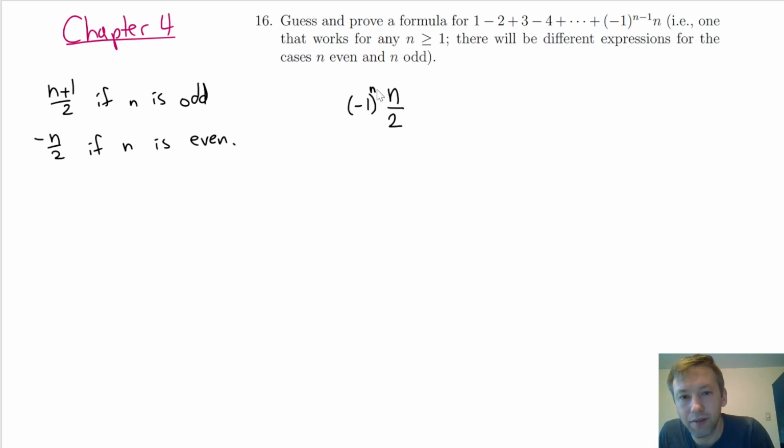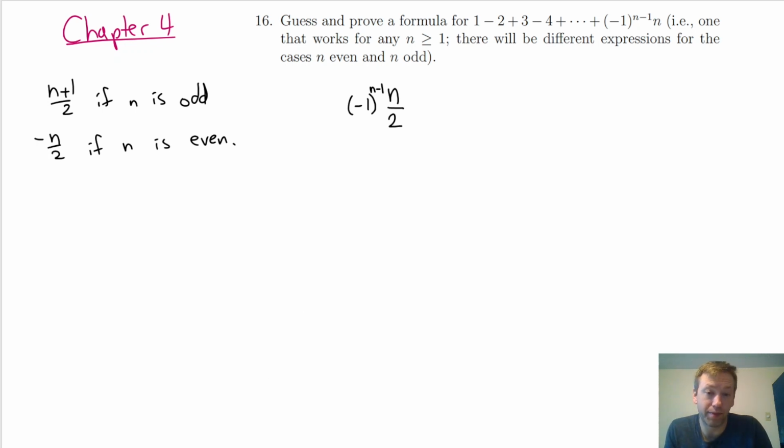To make that work out, right, this function will be n over 2 if n is odd, and negative n over 2 if n is even. However, this still isn't the correct thing because we need the 1/2 in the case when n is odd.